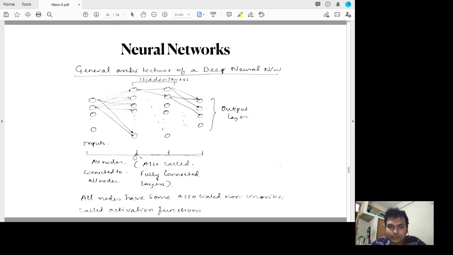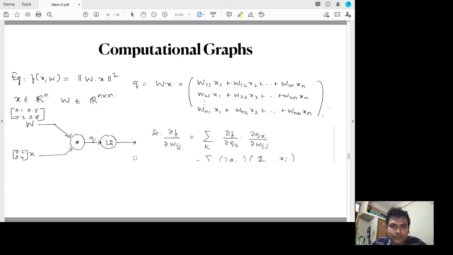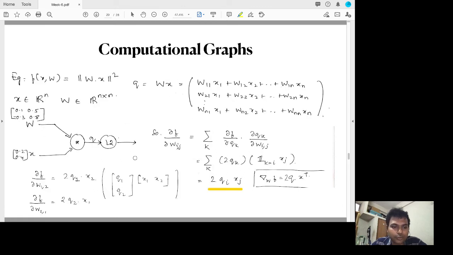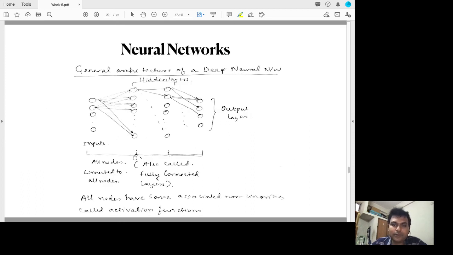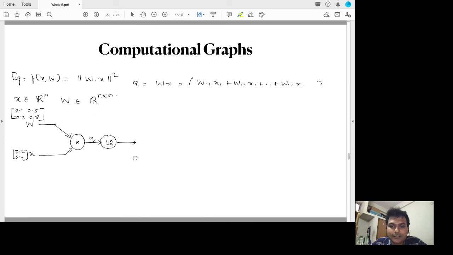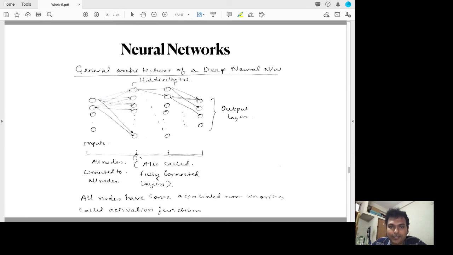If you understand how dou f by dou w and dou f by dou x were computed, you would understand the backpropagation algorithm from the first point till the last. I have given you all the ingredients, but you will need to understand these two things.